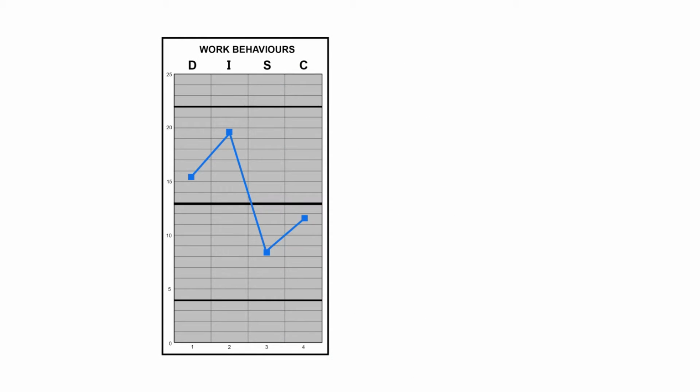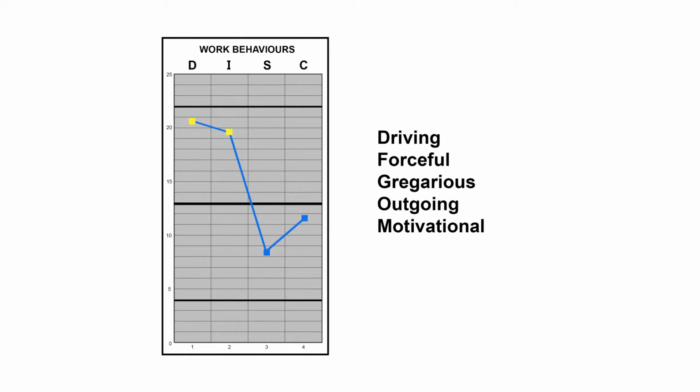So as you consider those 8 potential traits, that allows us to put the strongest above the line and the strongest below the line together to create a good understanding of what makes that person do the things they do. So a high driving person with a high level of influence will be driving and forceful, gregarious and outgoing. They're very motivational individuals.